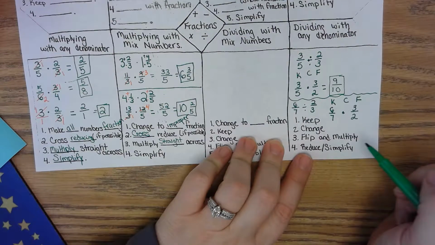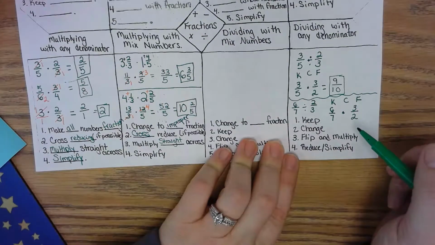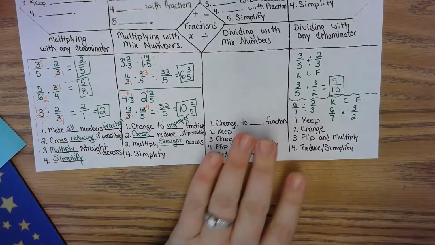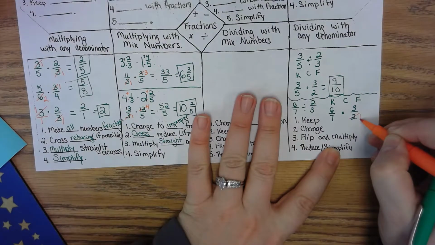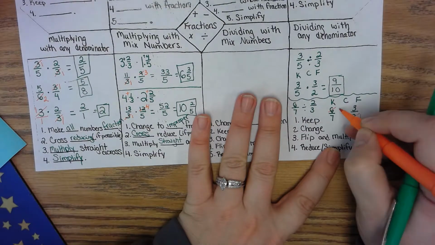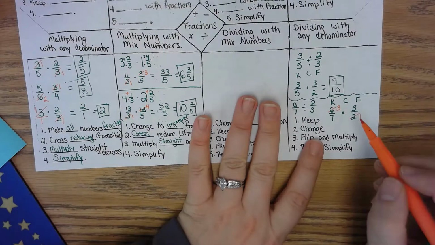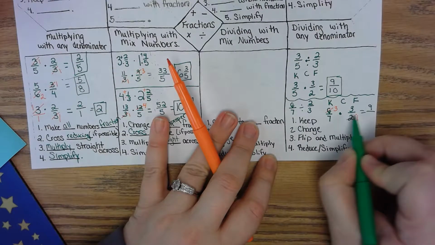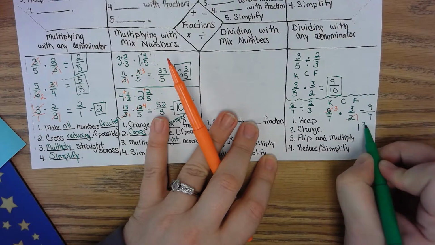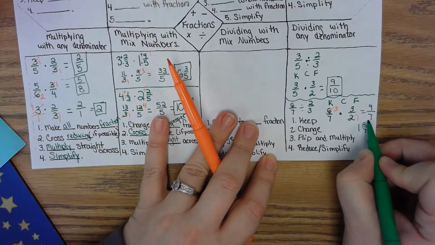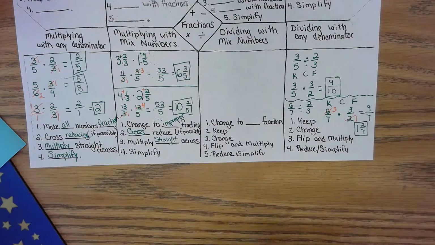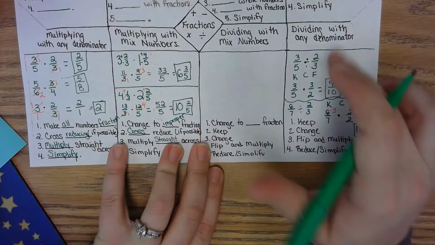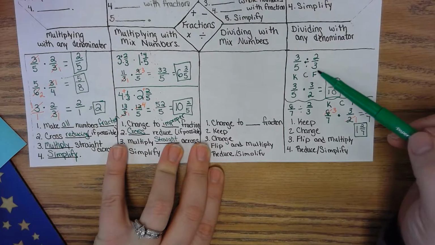Now, I can also here cross-reduce. 2 and 6, they're factors. So 2 goes into 2 1 time, 2 goes into 6 3 times. So now I'm going to multiply straight across. 3 times 3 is 9, 7 times 1 is 7, and this is 1 2/7. That is when you are dividing just straight fractions with any denominator.